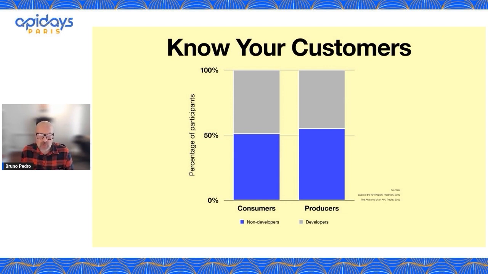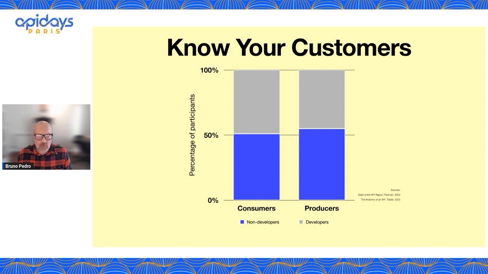They have a total addressable market of around 275 million people, versus if you look at latest numbers for developers, a total addressable market of less than 100 million people. So we're talking about different numbers here, and potentially getting into the hands of many more people if you target a non-developer audience.